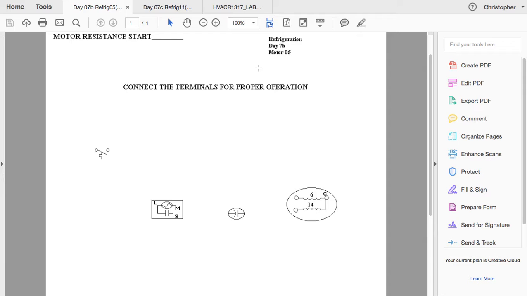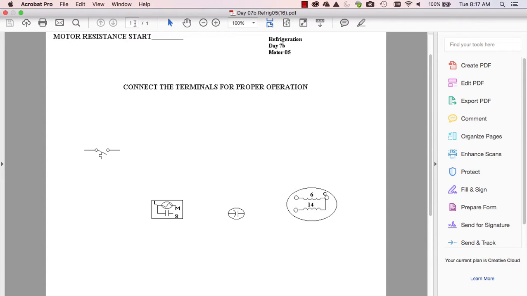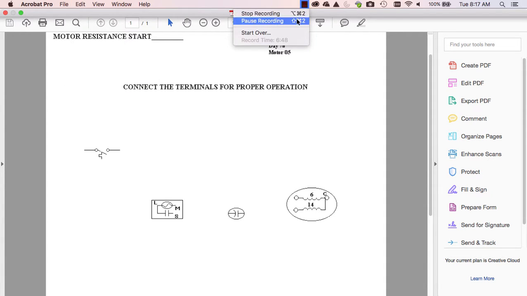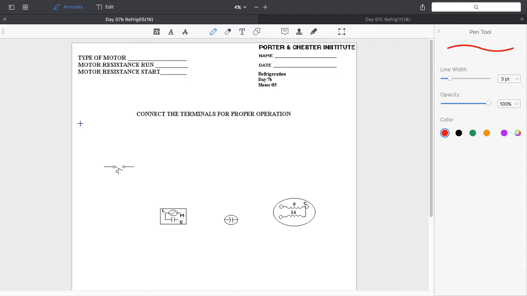Okay, so we have our diagram here. Let's go ahead and connect these first terminals. This is the one that's labeled motor 05.